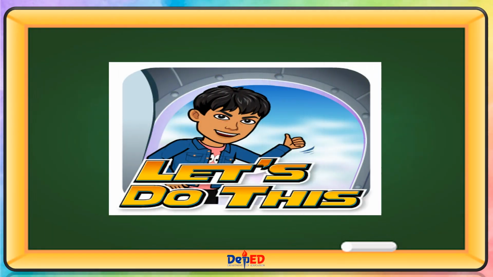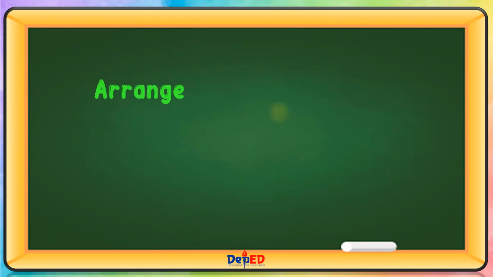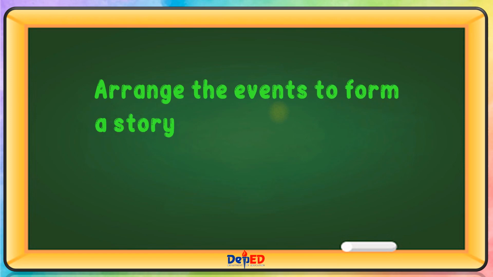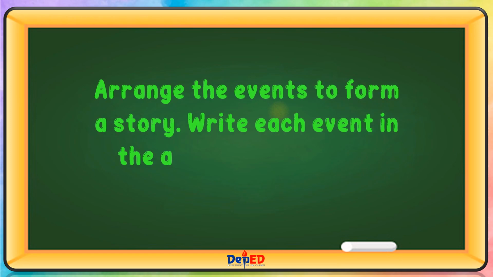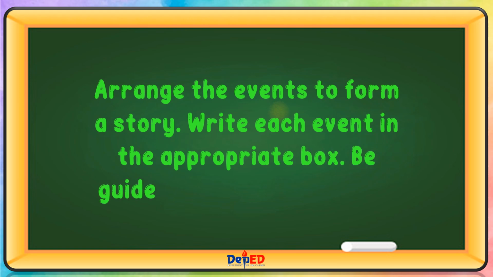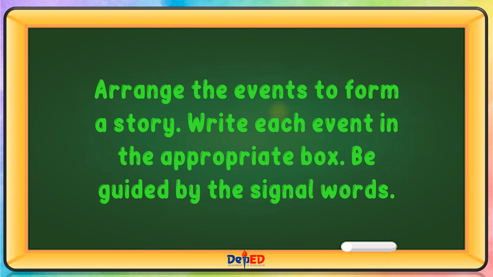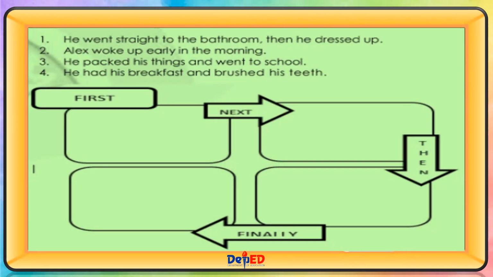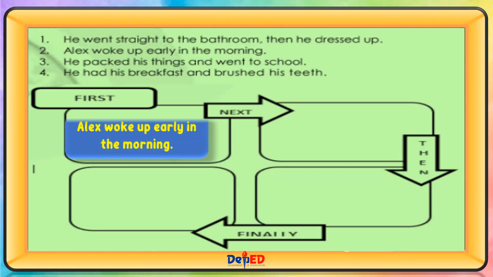Let's do this. Arrange the events to form a story. Write each event in the appropriate box. Be guided by the signal words. First, Alec woke up early in the morning.